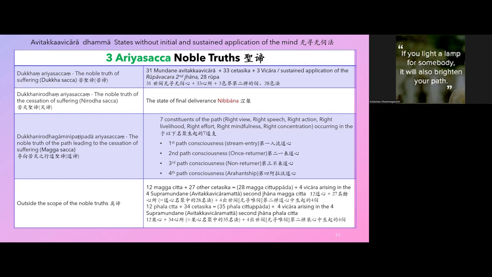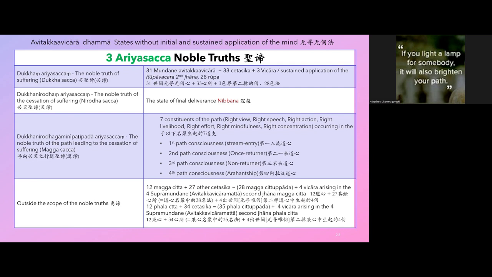And finally, outside the scope of the noble truths, we get the 12 magga chitta, the 3rd, 4th, and 5th jhana magga chitta, together with 26 other cetasika. Those are the 28 magga chittupada, and also 4 vichara arising in the 4 avitakkaavicāramattā, second jhana magga chitta.